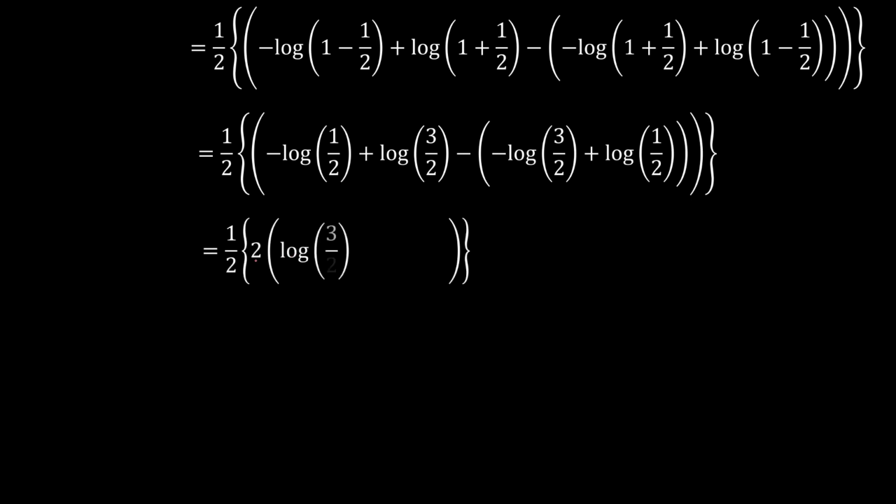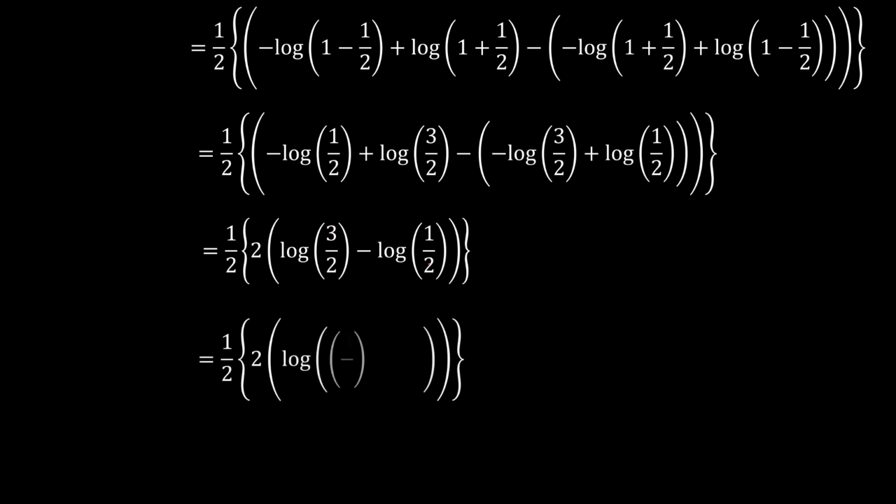And so we can sum things up, this and this bunch together, we have 2 times log of 3 over 2 minus log of a half. Divide this and that, we have 3 over 2 divided by a half, and we get a half times 2 log 3, and the answer is the natural logarithm of 3.